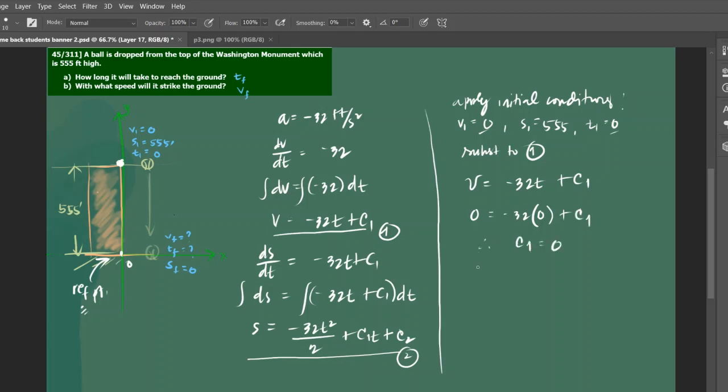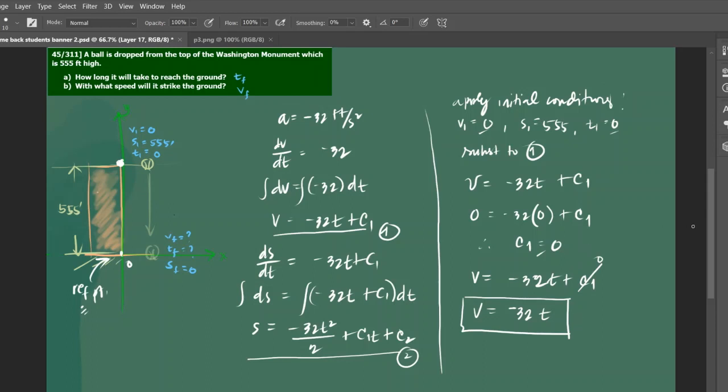Ang equation of motion natin sa velocity ay, substitute natin yung c sub 1, negative 32t. So, v is equal to negative 32t. This is our first equation of motion.